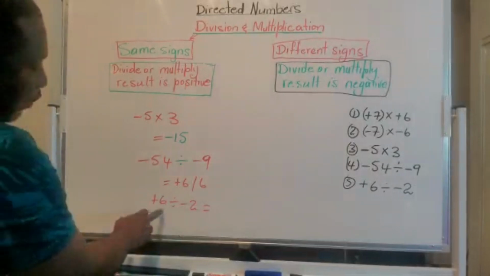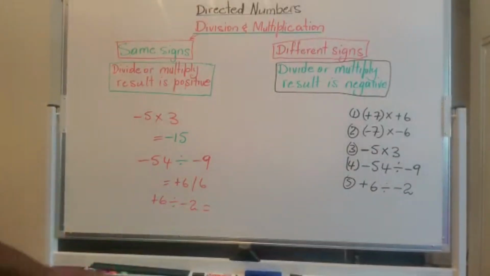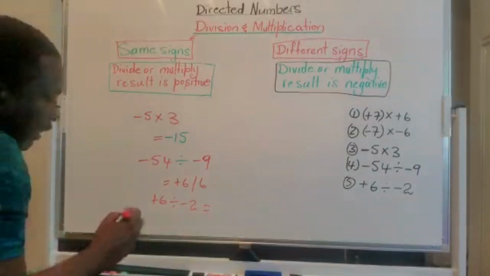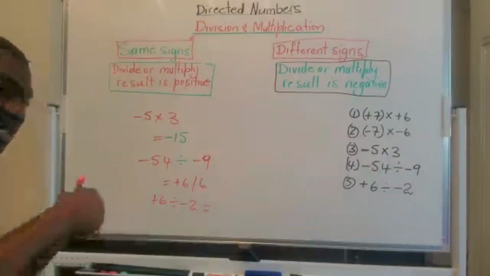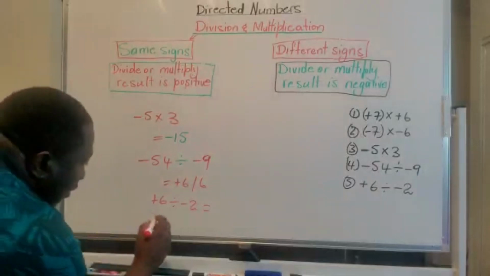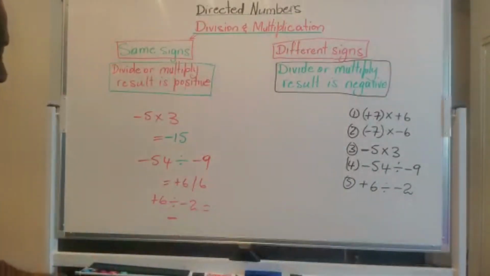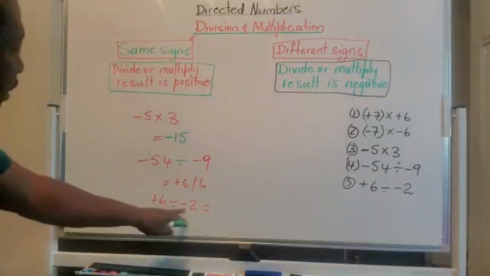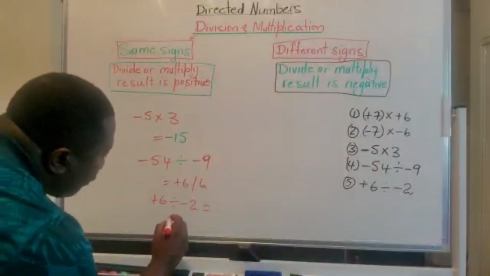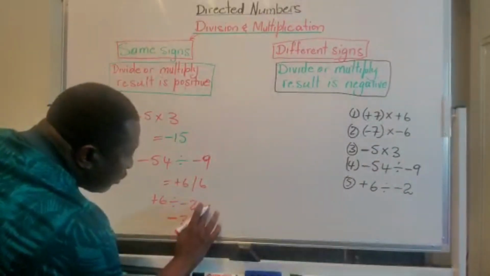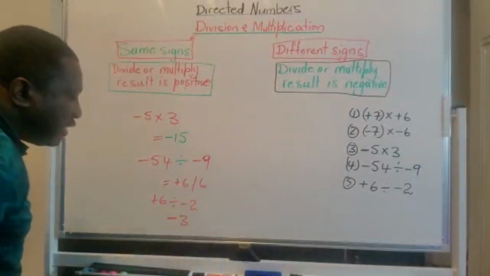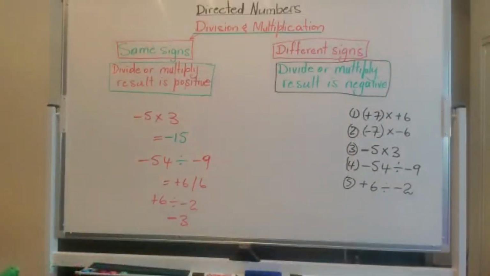Hence, positive 6 being divided by negative 2. So already we established that we are going to get a negative value. So I could just make that mark. 6 divided by 2 will give us 3. The outcome, guys, is negative 3.